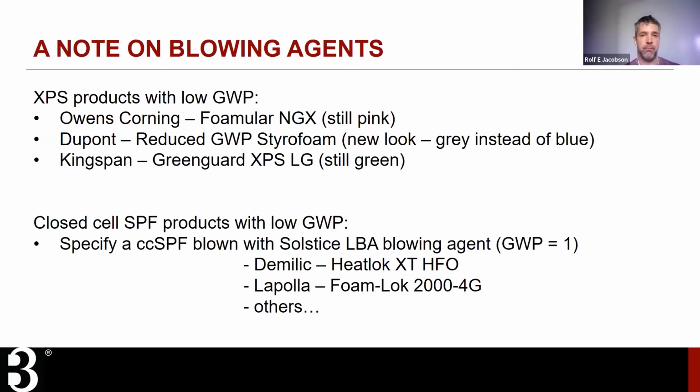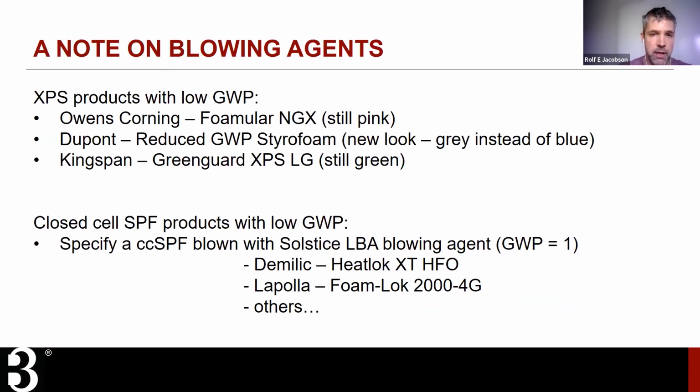So in these final couple of slides, I thought I would provide some guidance on this issue. For XPS products with low GWP, there are a few of them here. Owens Corning makes Foamular NGX. DuPont makes what they're calling reduced GWP Styrofoam.